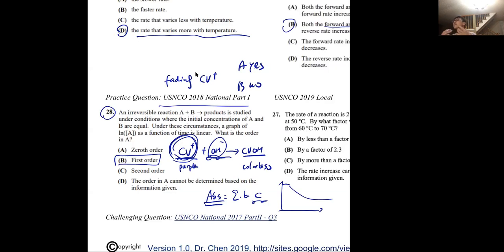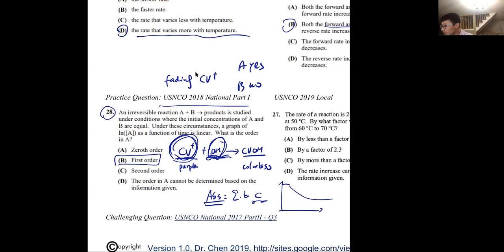But how can you make sure the hydroxide is kept constant? Because when the reaction is going on, the hydroxide will also change with time, right? Use a buffer? A buffer doesn't work, because we need to use the hydroxide.